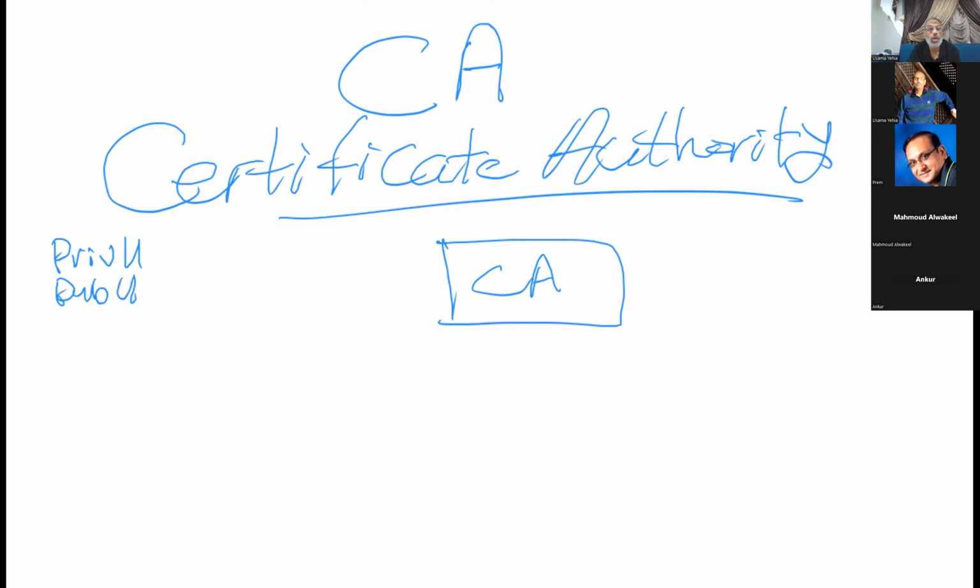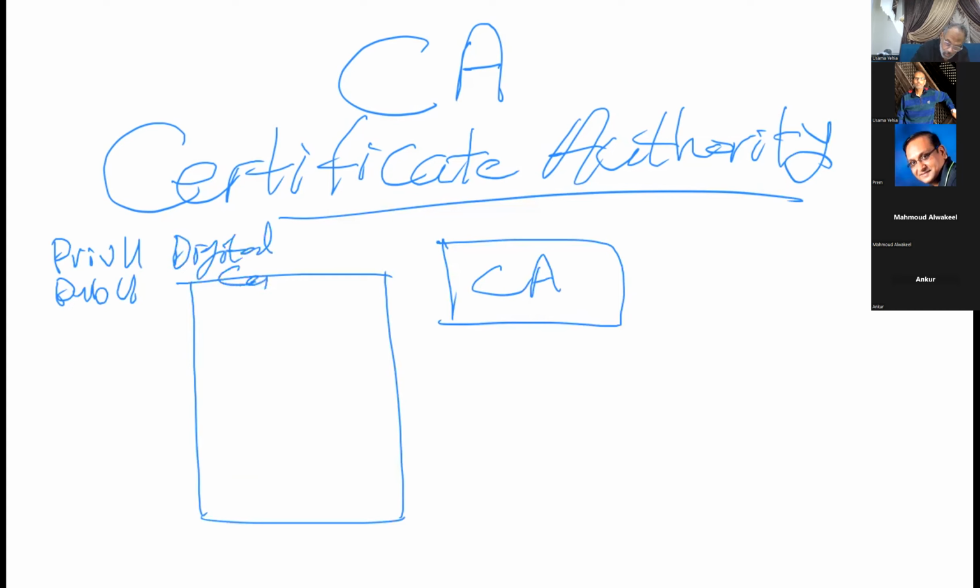It will tell me, okay, you have to authenticate yourself. If you are a user, then we will ask you for a passport copy, we will ask you for your address, for whatever information, to make sure that you are really Osama. And we will give you something called a digital certificate. What is actually the digital certificate?